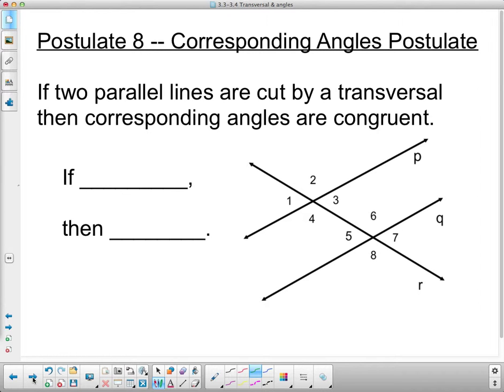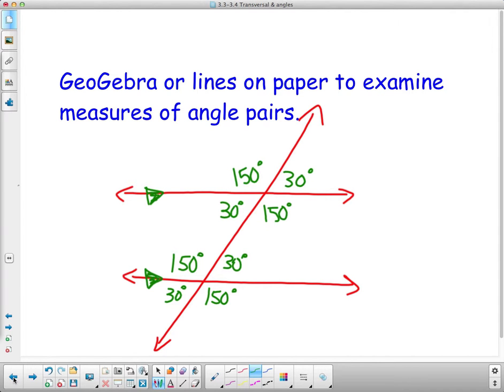What we're going to take a look at is these angles that you're naming correctly, like corresponding. Are they congruent when the lines are parallel? If we think back to what we measured, the corresponding, the matching angles were always the same.